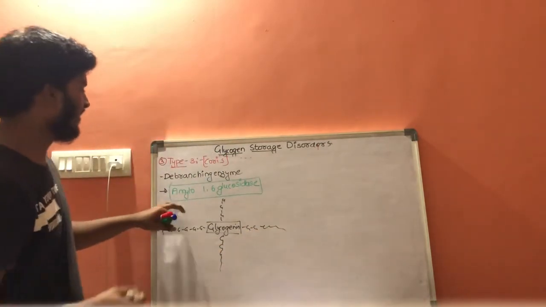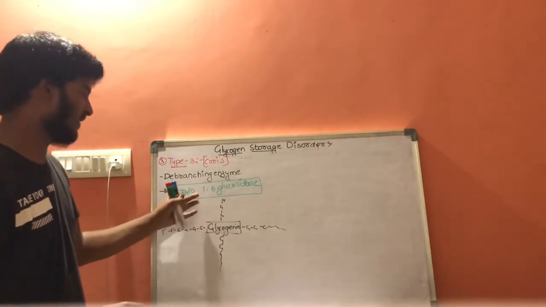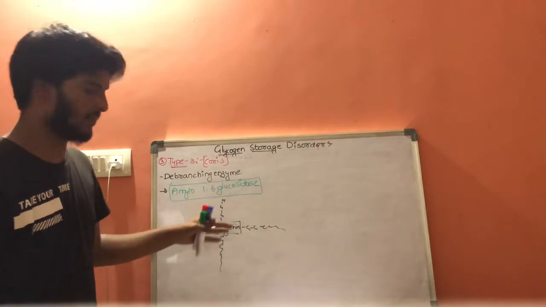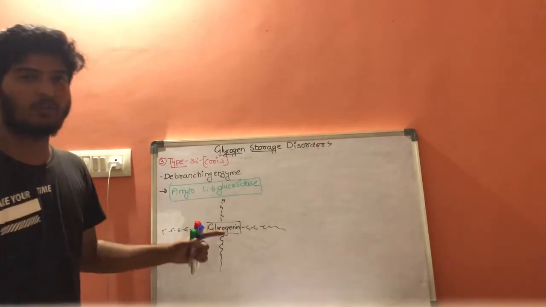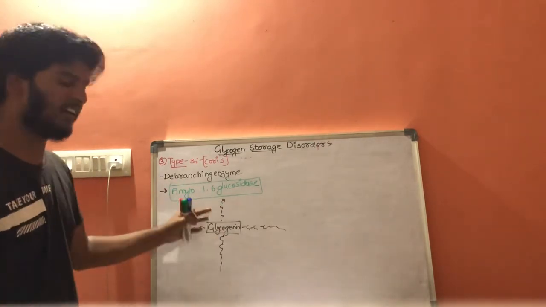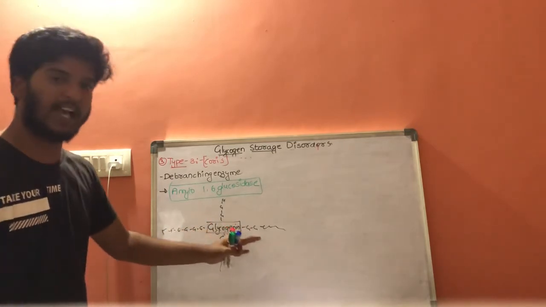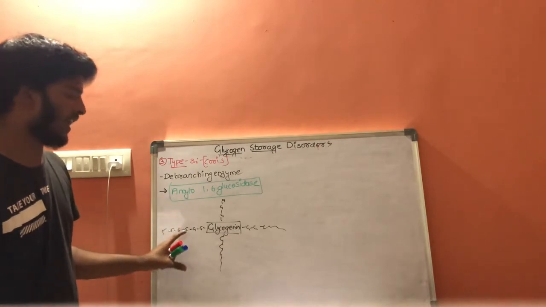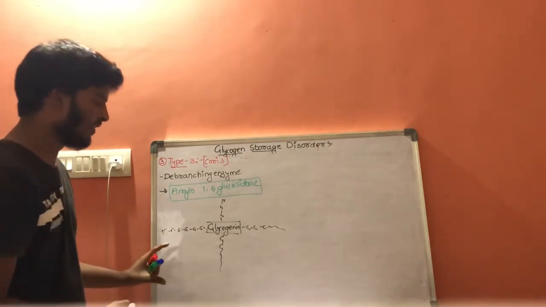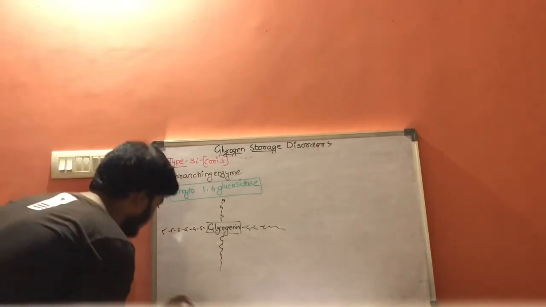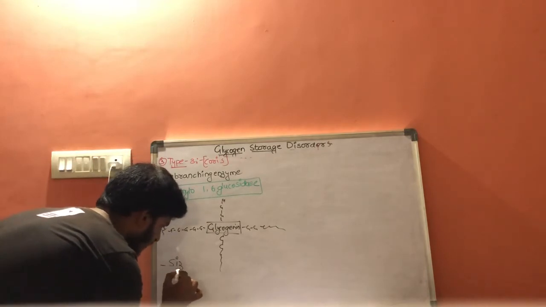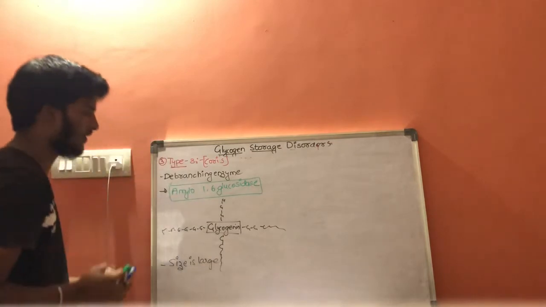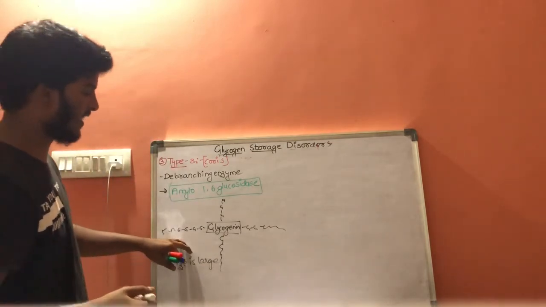The main function of the debranching enzyme is to help in cutting the glucose molecules. Here it fails, and ultimately the glycogen remains at a larger size.